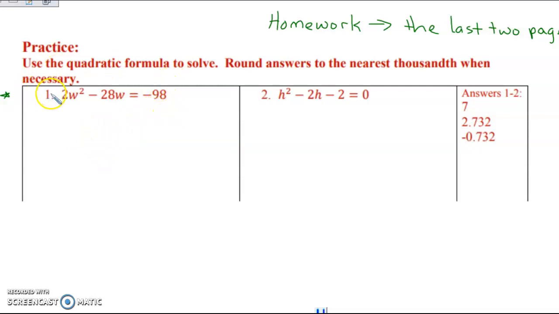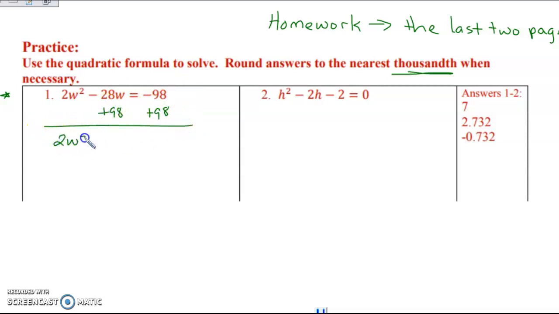So when I look at this, it says use the quadratic formula to solve and round the answers to the nearest thousandths when necessary. I have 2w squared minus 28w equals negative 98. And I notice that it does not equal 0. So I need to put it in standard form. To do so, I need to add 98 to both sides of the equation.